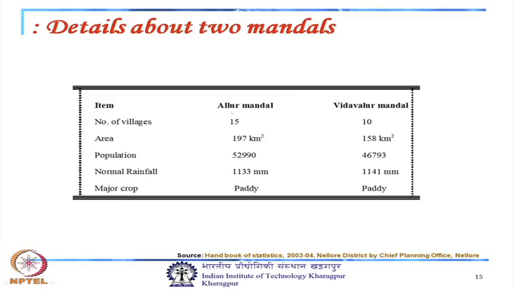The number of villages in Alur Mandal is 15, Vidavalur is 10. Area wise Alur is bigger and normal rainfall is almost the same, and the major crop is paddy, but in recent years there has been a shift in the cultivation aspect.